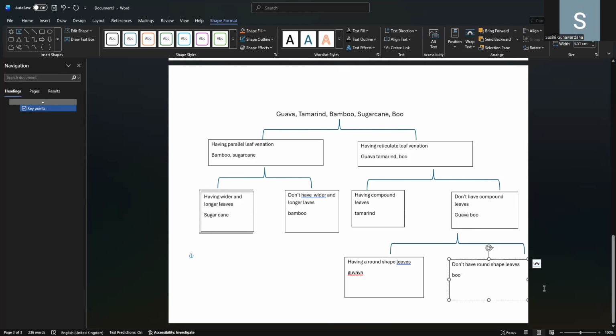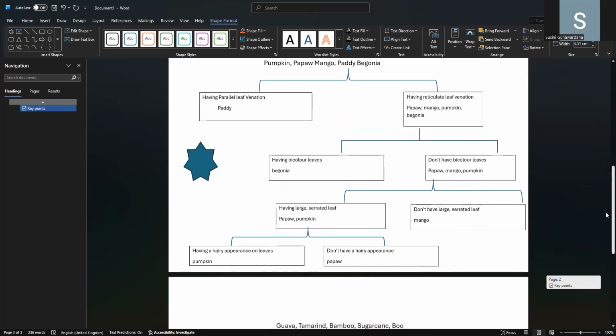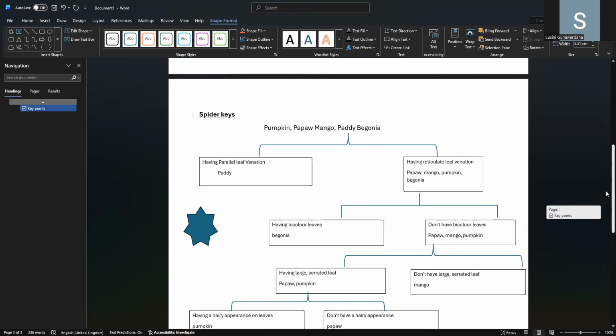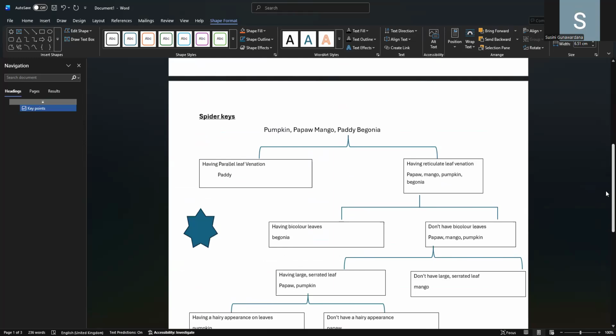Actually, in this presentation, I have mentioned only spider keys, and I have taken two examples, that is plant related examples. Most probably you may have done animal related spider keys.